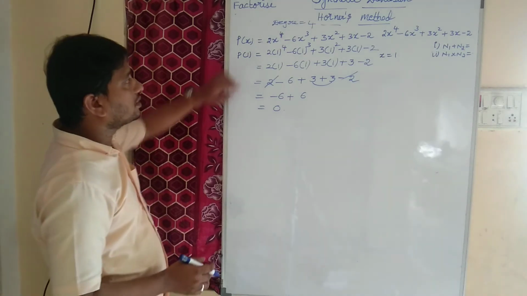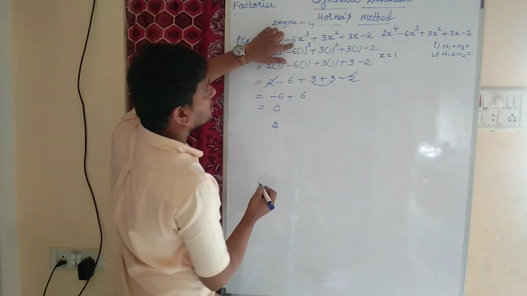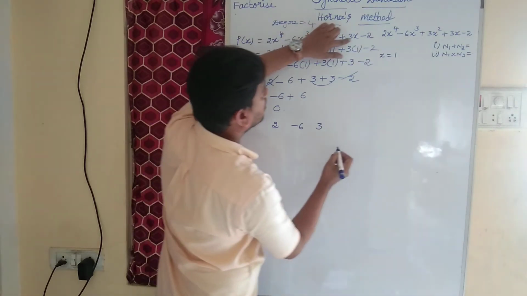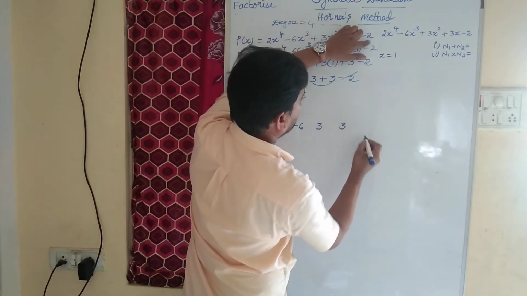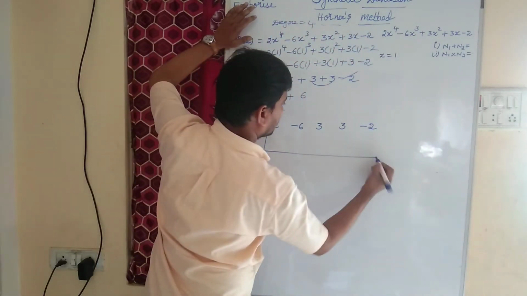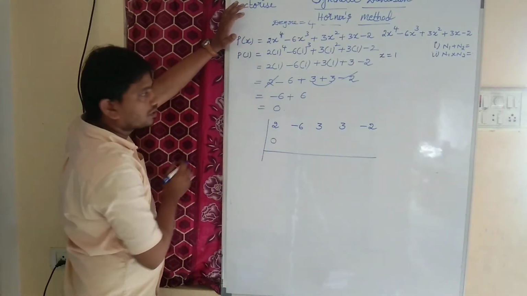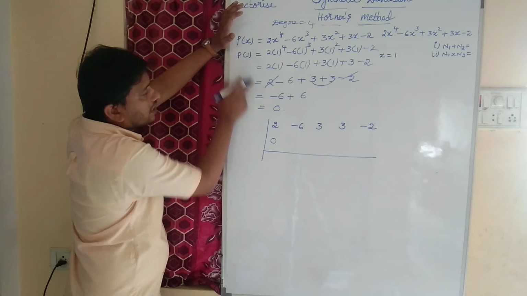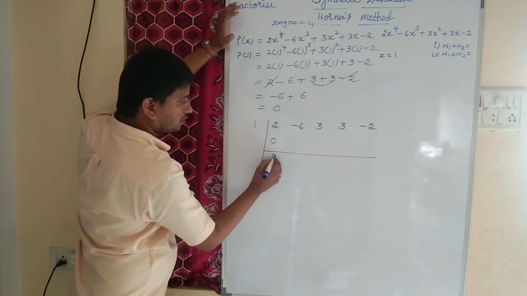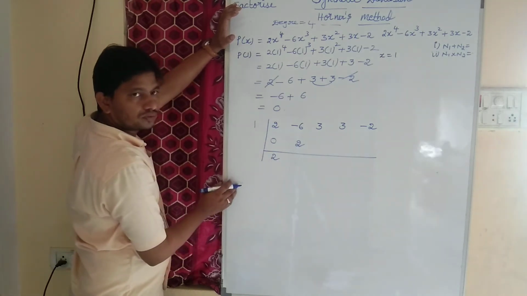In the same manner, children, here the x power 4 coefficient is what? 2. The x cube coefficient is minus 6. The x square coefficient is 3. The x coefficient is 3 and the constant term is minus 2. Right? Now let me put 0 here. When we substitute 1 in place of x, we got result 0. Let us put 1 here. Again 2 plus 0, 2. 2 into 1, 2.